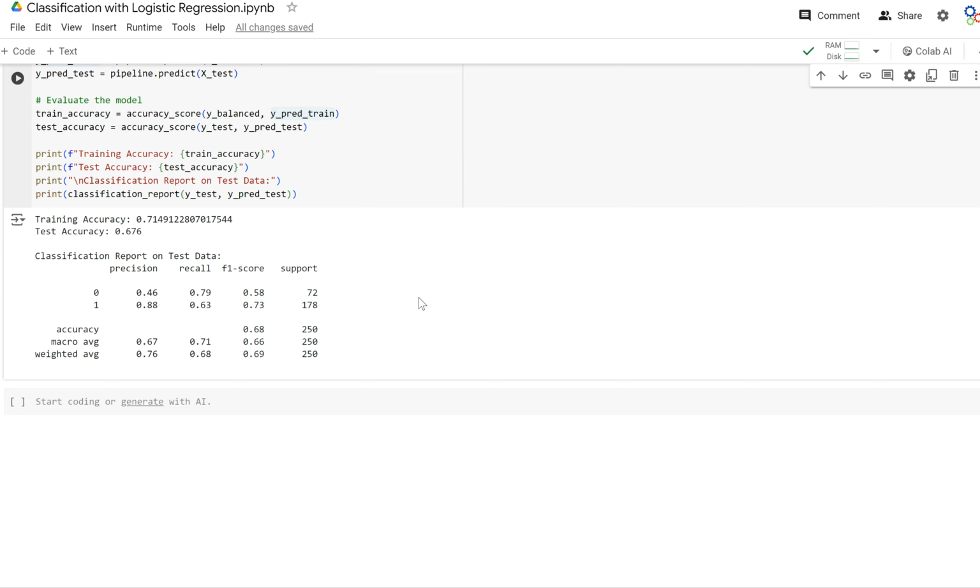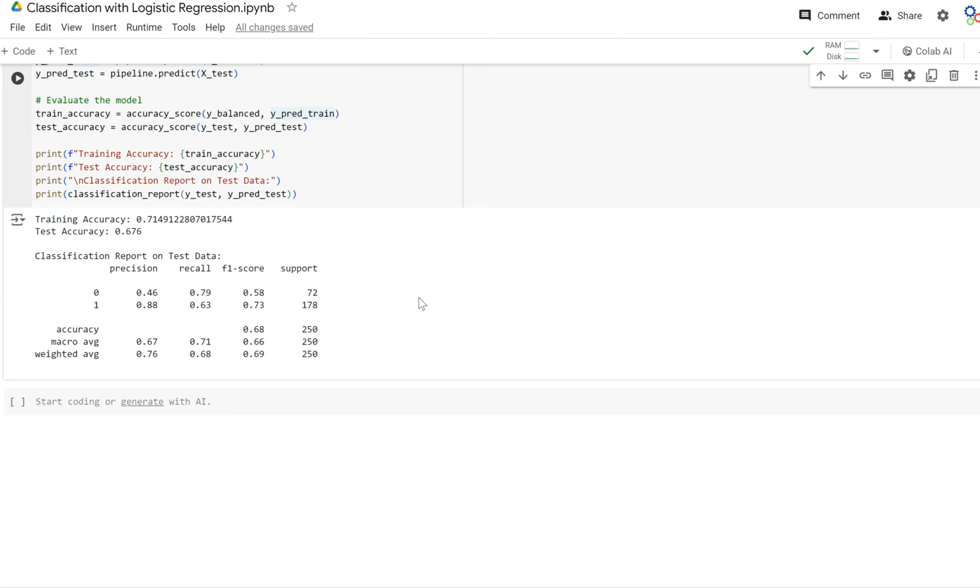And so we're wrong a lot of those times when we predict them to be bad credit risk. But here's the thing. If they are bad credit risk, we're catching more of them because our recall went up. Remember, recall is the number of times someone actually was bad credit risk in class 0 here, and we actually predicted them to be class 0, bad credit risk.